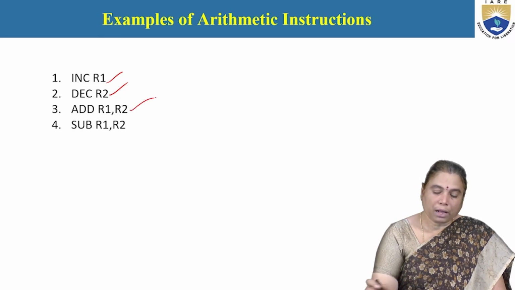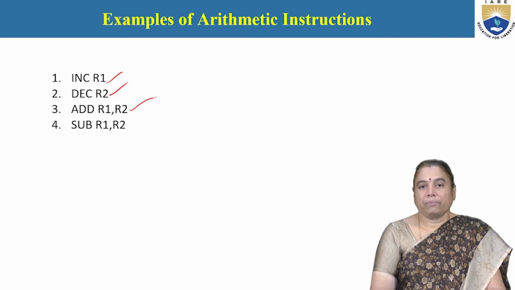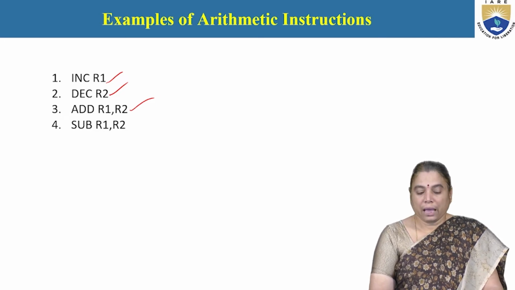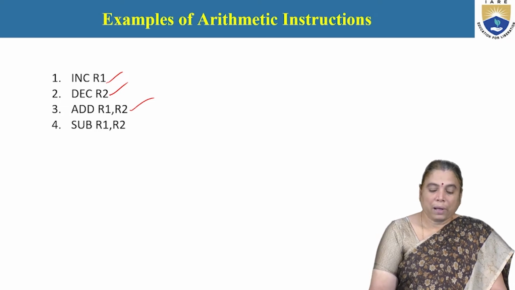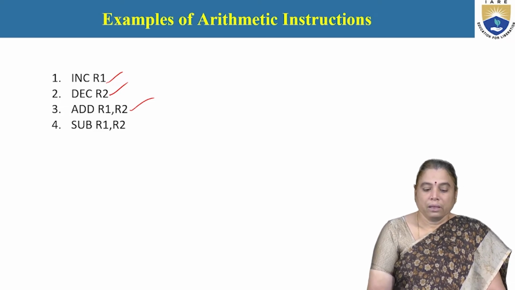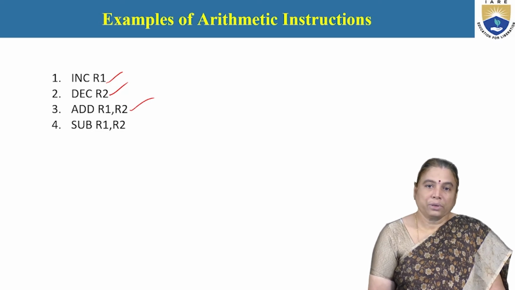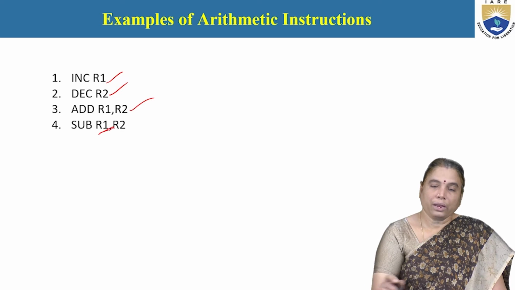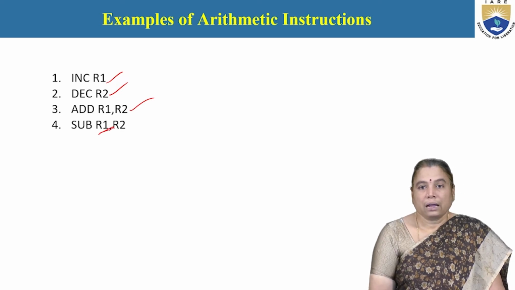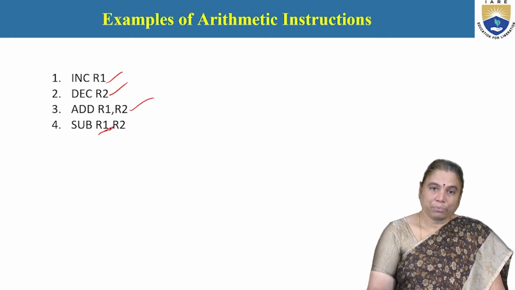ADD R1, R2: register R1 value and R2 value are added and the result is stored in the register R1. SUB R1, R2 means the value of register R2 is subtracted from R1 and the result is stored in the register R1. In this way, the arithmetic micro operations can be used in the assembly language program.